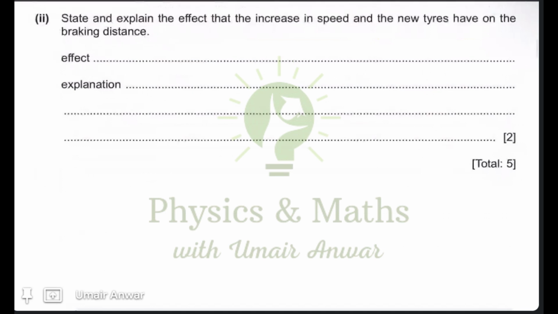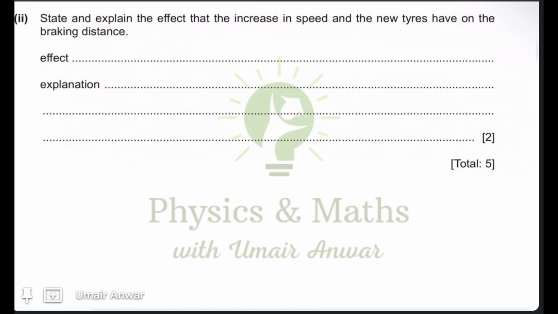The next part, state and explain the effect that the increase in speed and the new tires have on the braking distance. Now, the braking distance in this case is going to decrease, and the reason for this is that the newly fitted tires would have a larger friction.